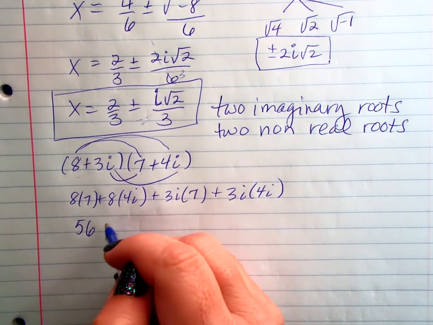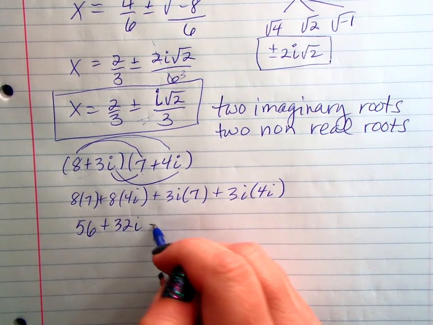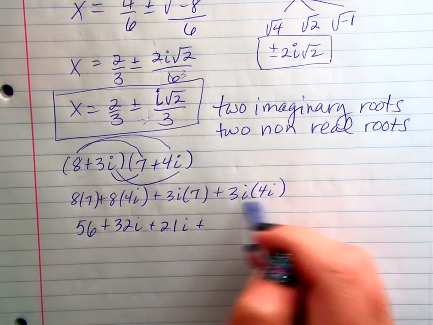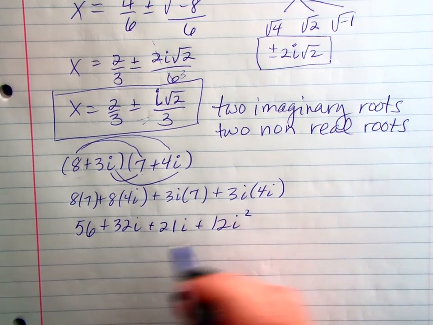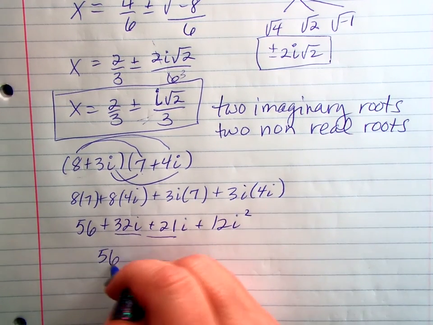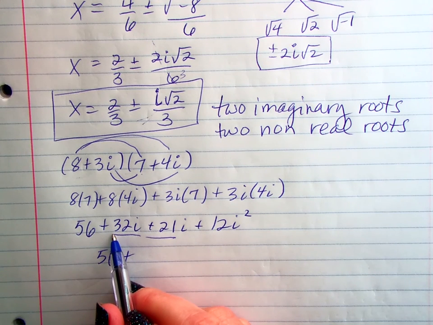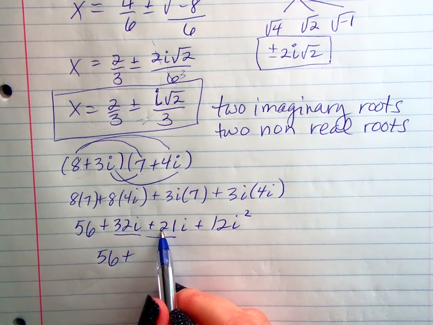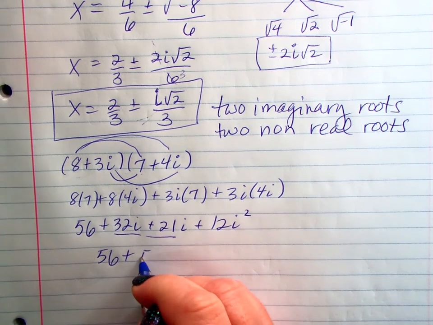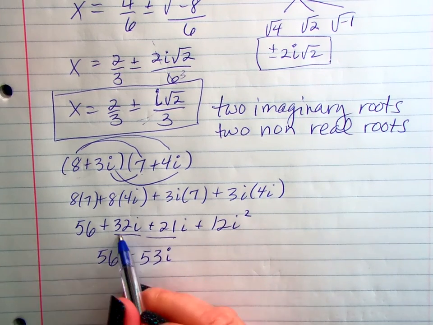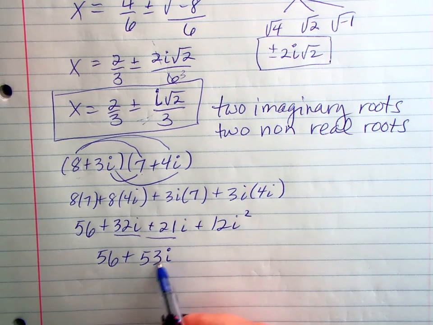We just treat it like a variable. 12i squared. Now these middle terms combine. 32 plus 21. Do you see how 30 plus 20 makes 50 and 2 plus 1? So 53i combined middle term.